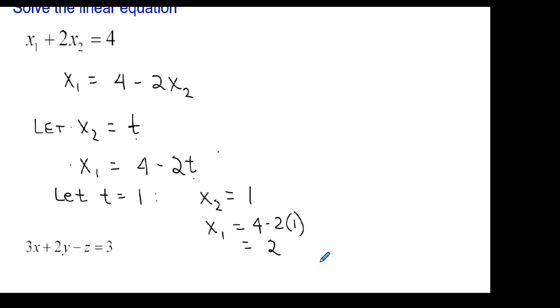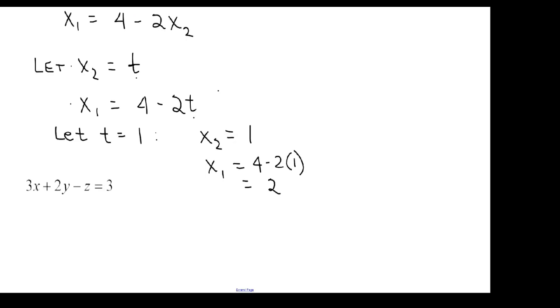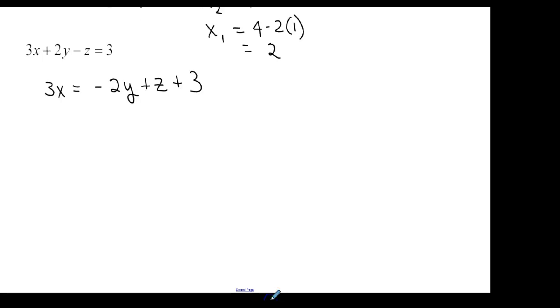Let's take another example. This linear equation has 3 unknowns. So if we begin by solving for x, we could first get x by itself by subtracting 2y and adding z to both sides. So that would give me negative 2y plus z plus 3 on the right-hand side of the equation.